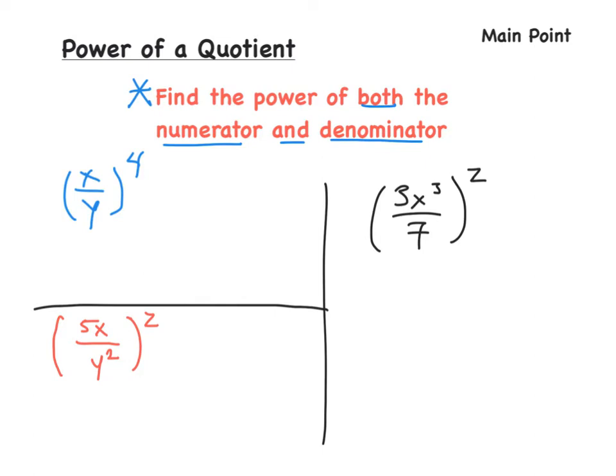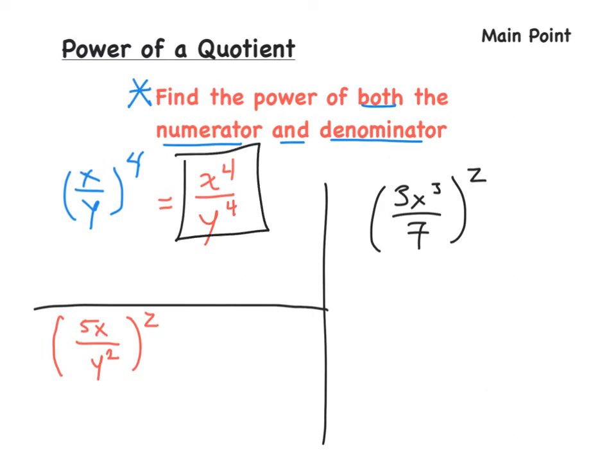What's the power of x to the 4th? That would equal x to the 4th. Same thing, that's the numerator, this is the denominator, that would be y to the 4th. And that would be your final answer.